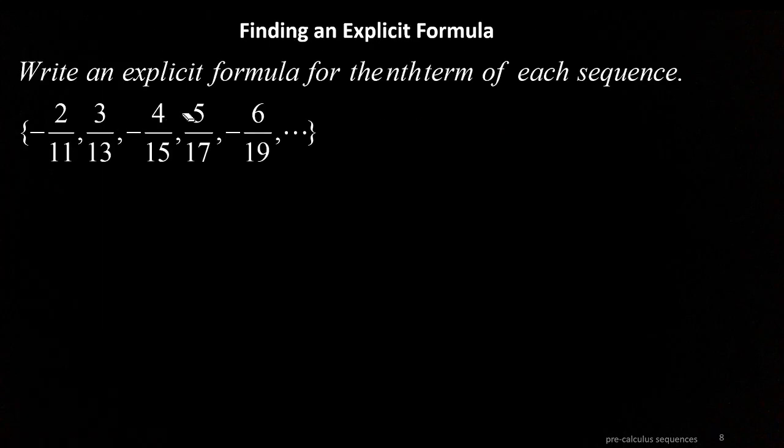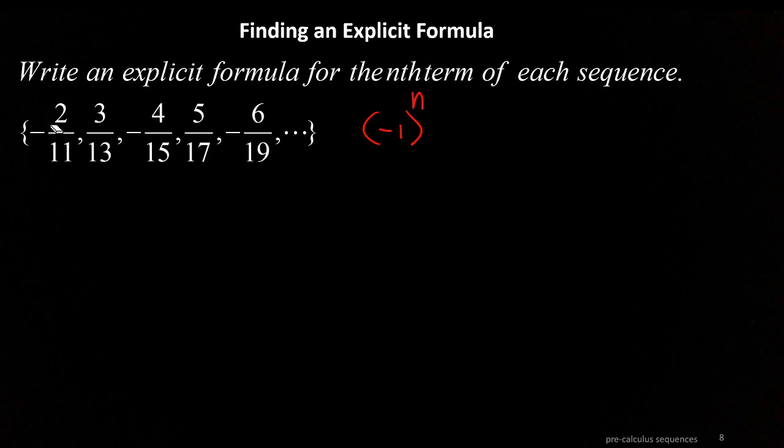All right, so write an explicit formula for the nth term of the sequence. It's not always easy to do that, but this is not that hard. The signs are alternating, so there has to be a -1 to some power. Now, if we start with negative and then go to positive, this will be n by itself.